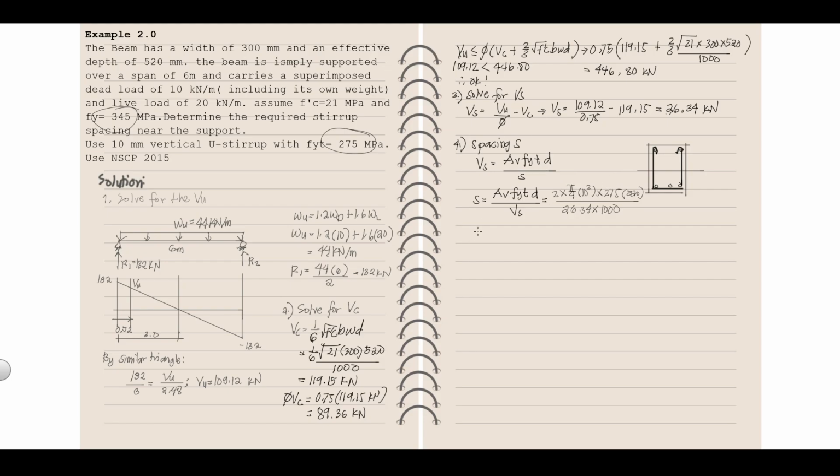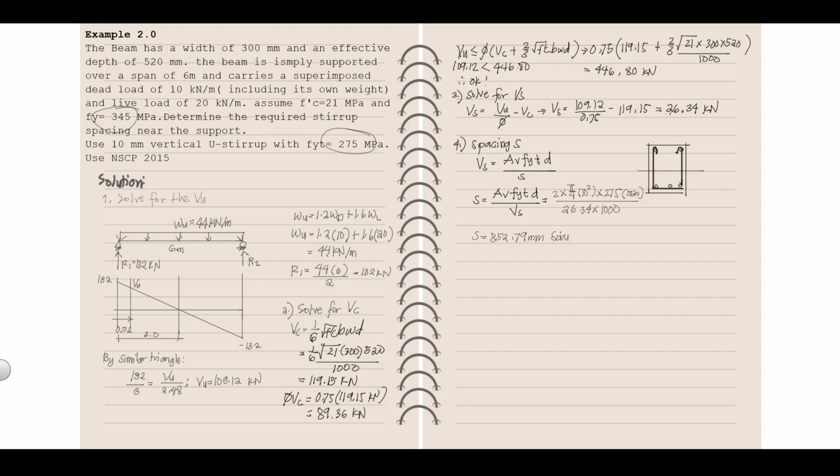So, our S here will have a value of, yung units nito naka-millimeter na to. Naka-mm dapat yan, kasi pinalitan natin ng Newton and then millimeter yung mga value natin. So, we have 852.79 mm.